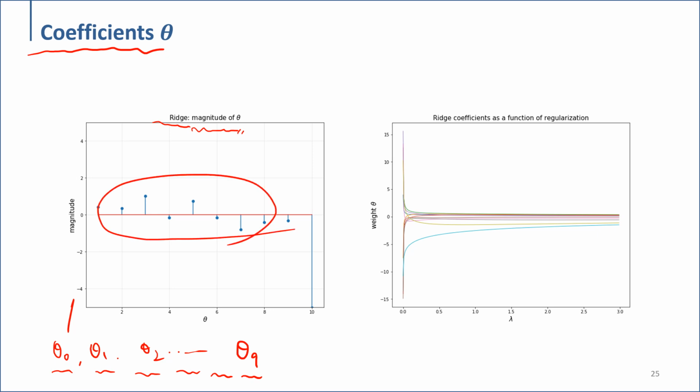So we have a less complex model than one with very high-magnitude theta values. And of course, if you increase the value of lambda, the penalizing term, the weights become very small compared to the case without the penalty term.